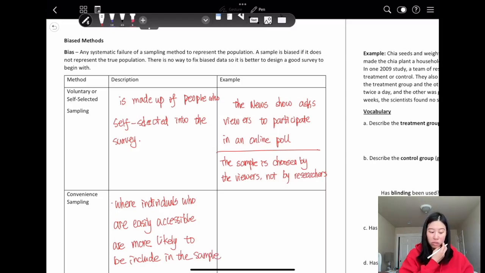For instance, if a political survey is done by stopping people studying at SPSCC, this will not represent all of Washington state, because we took the sample by convenience, right?